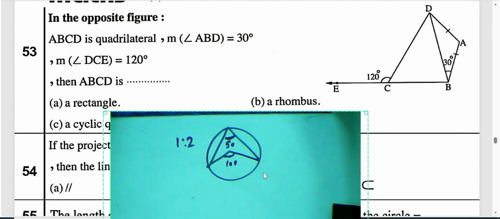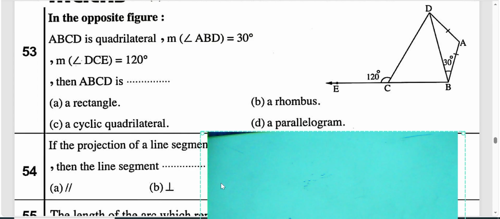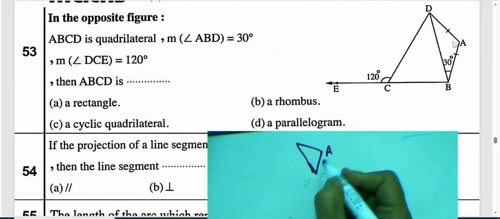Look at this example here. We have ABCD as a quadrilateral, and he asked about ABCD: what is it? Look here. We can find the measure of angle A will be 120. Then we have a cyclic quadrilateral. We call this shape a cyclic quadrilateral because the measure of angle ACD is equivalent to the measure of angle A. How do we find angle A?